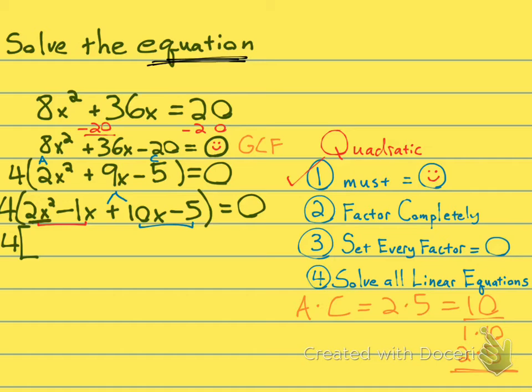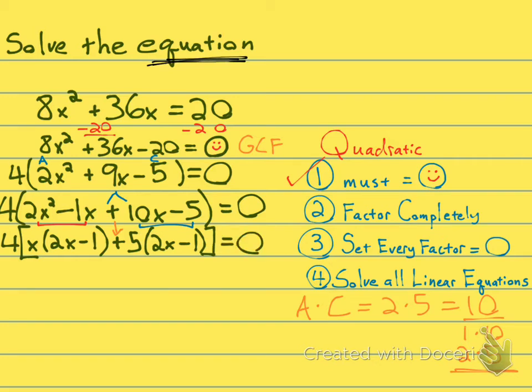Well, 2x squared and 1x, I can take out an x, and I'll be left with 2x minus 1. Drop down the plus. The greatest common factor out of the blue group is going to be a positive. What can I divide out of 10x minus 5? Well, 5 goes into both of them, so this will be 2x minus 1.